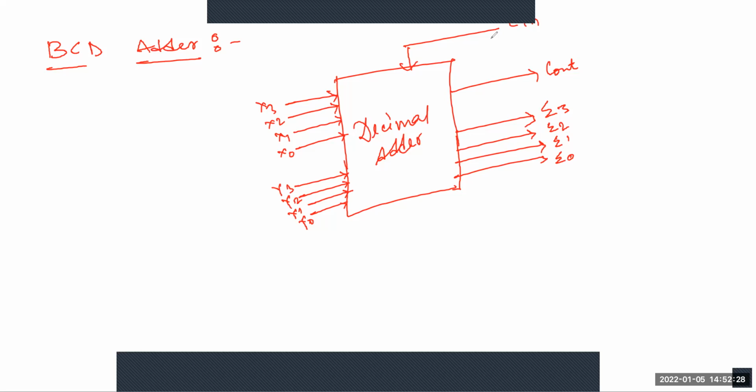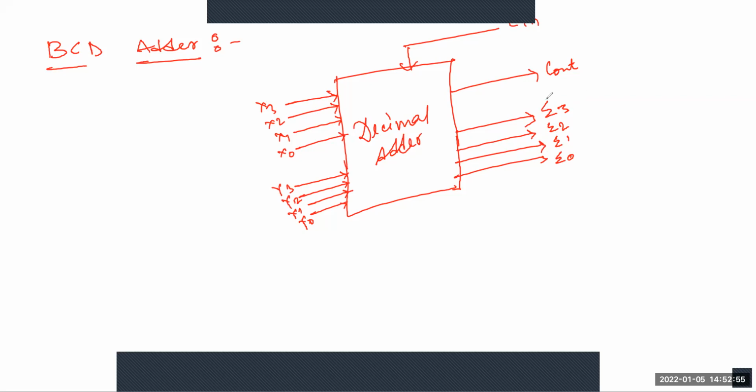this is a block diagram of a BCD adder, and a BCD adder is a circuit that adds two BCD digits in parallel. Here you can see one BCD digit, that is x0, x1, x2, and x3, and another BCD digit, that is y0, y1, y2, and y3, in parallel, and produces a sum digit which is also in the form of BCD.